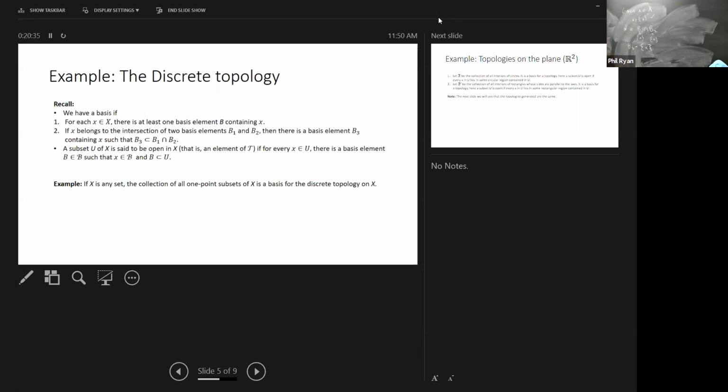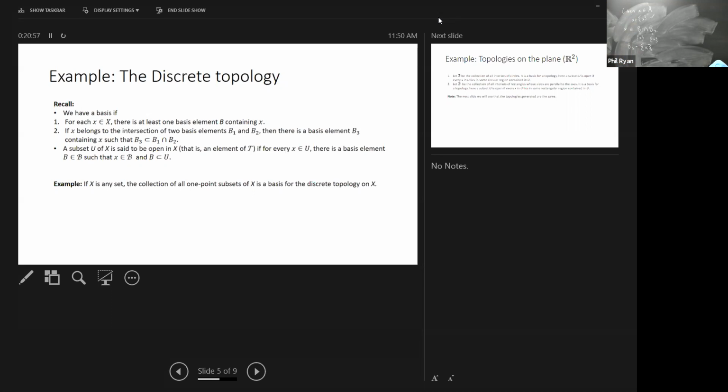Okay, and what is an open set? Let's go through it. What is an open set in the discrete topology? Any subset of X. Yes, the discrete topology is where any subset is open. So let's check that any subset is open.